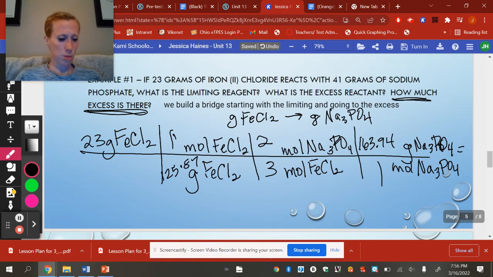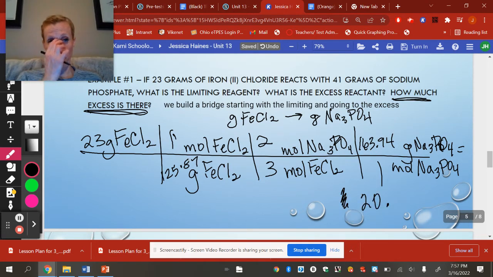Okay, so multiplying across the top. All right, 23 divided by 125.87. Again, please be doing these while I'm doing them. I realize it's easy to just sit here and watch me do them, but 163.94. And then with the correct number of sig figs, we get an answer of 20 with a decimal point.